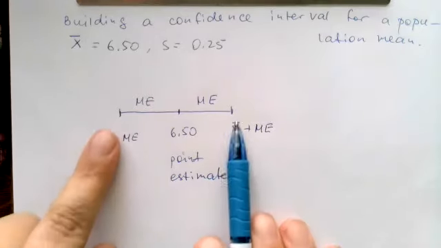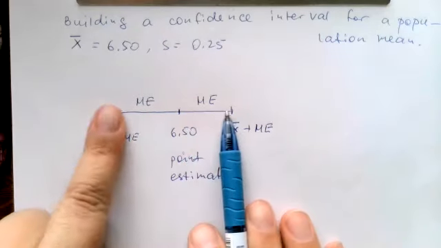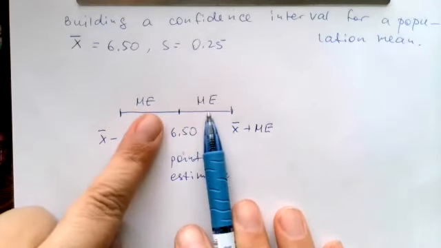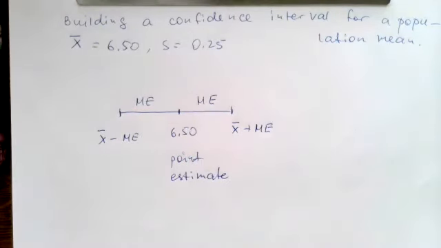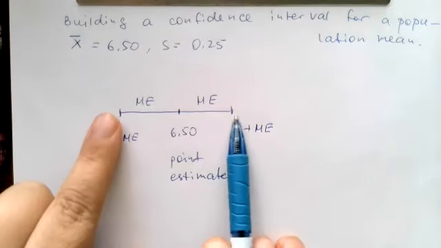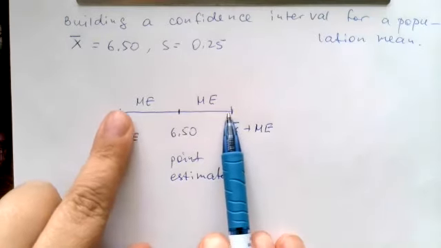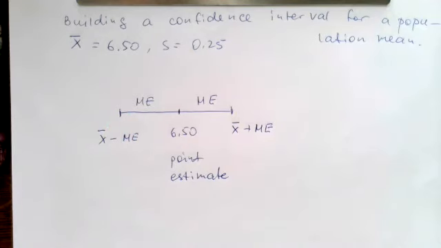So we want this interval to be as tight as possible, but also we want to make sure that we do catch our population mean with our estimation. What's going to help in making this interval as tight as possible?